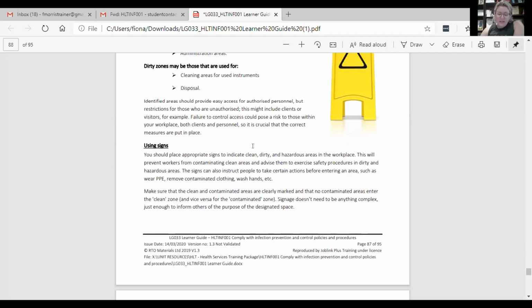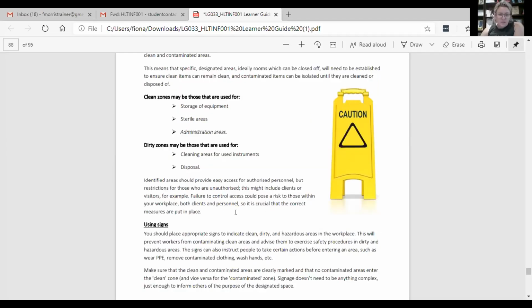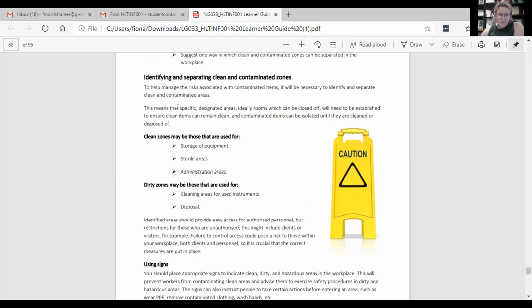Suggest one way in which clean and contaminated zones can be separated. Well, let's have a look and see if it gives us that here. It says they need to be closed off, need to be well established so they remain clean. I think one of the ways is that they need to be separate areas. They probably can't be one side of a room and another side of a room, but as long as the area can be shut off, it could be a cupboard even inside a room.